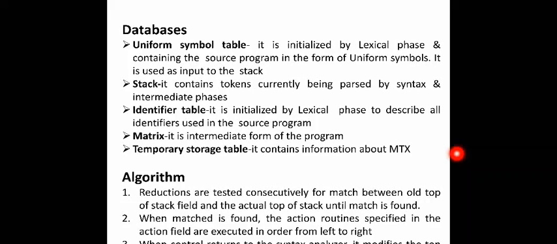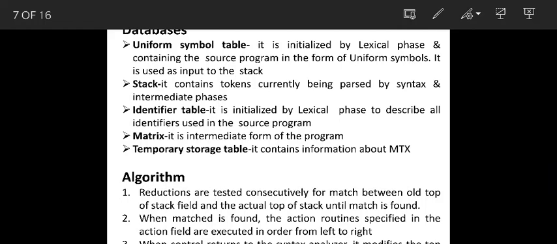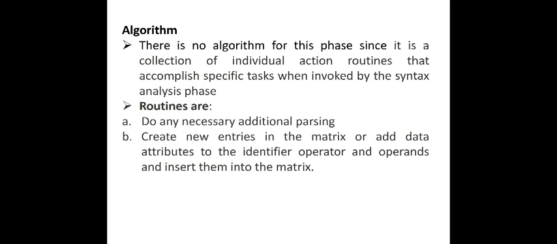Now let's see the algorithm. First, reductions are tested consecutively for a match between the top of stack field and the actual top of stack until the match is found. When the match is found, the action routines specified in the action field are executed in order from left to right. When control returns to the syntax analyzer, it is modified.